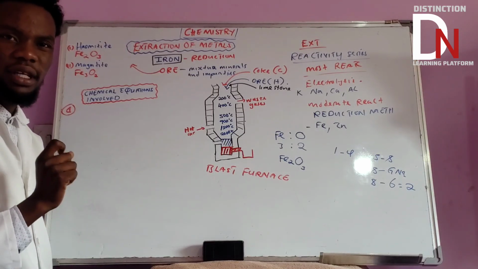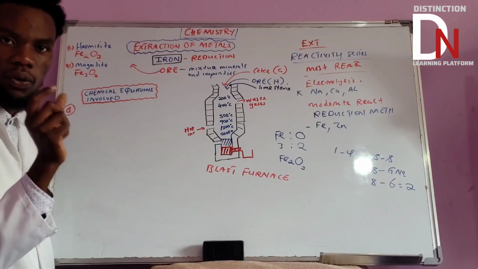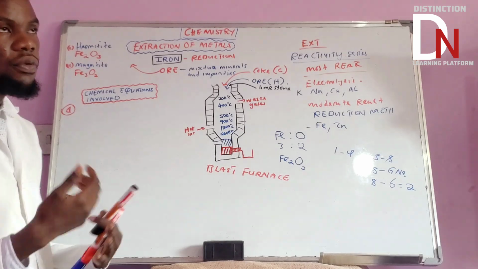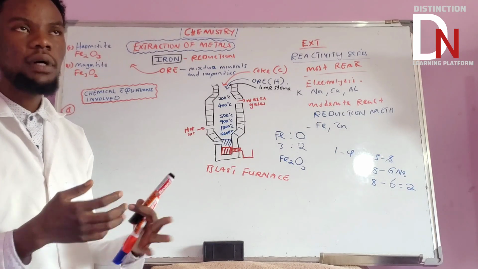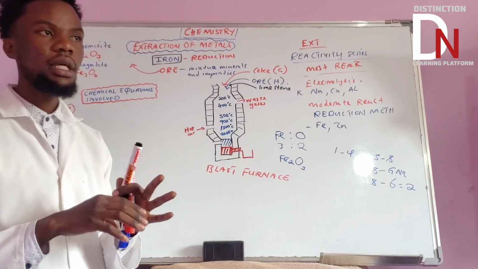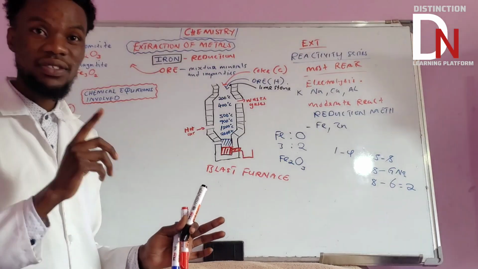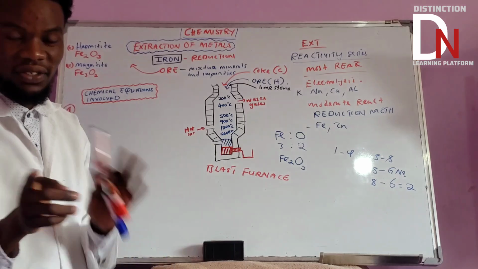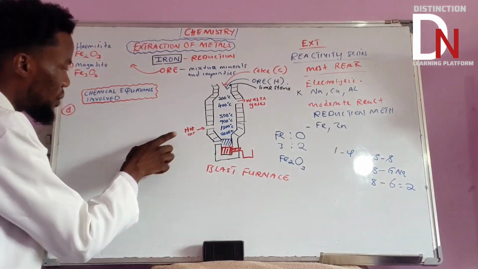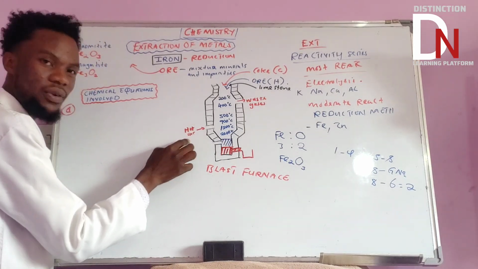Hot air, particularly if you are talking about chemistry, you are talking about the oxygen, okay? If you just see a question talking about, let me just give you an example. If they say sodium reacted in air, basically they're talking about sodium reacted with oxygen, okay? So just from that, hot air, we are talking about hot oxygen.